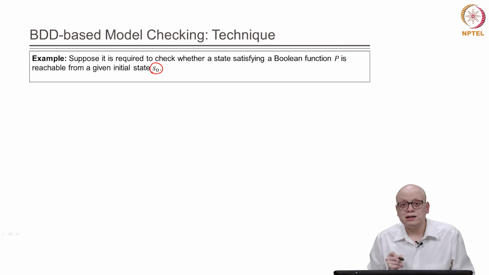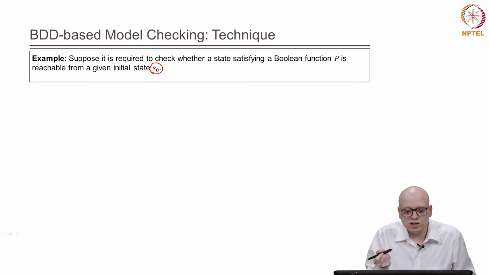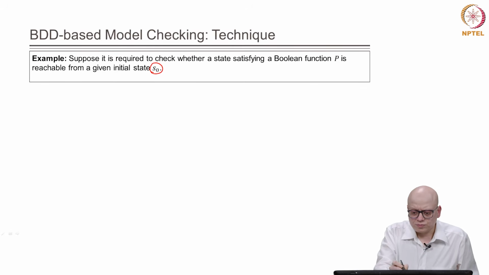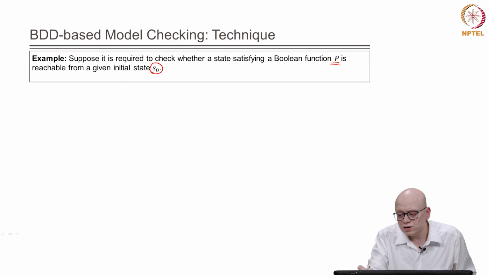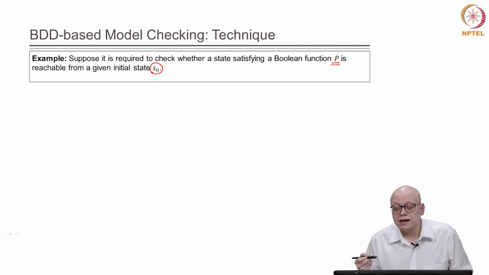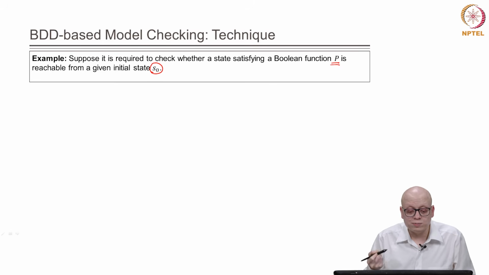We are given an initial state S naught, and a model checker is asked the question whether a state satisfying a Boolean function P, or a set of states that satisfies the Boolean function P, is reachable from the given initial state.